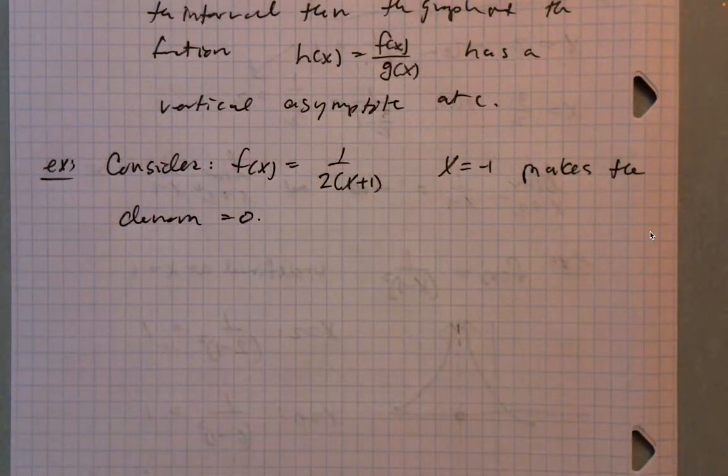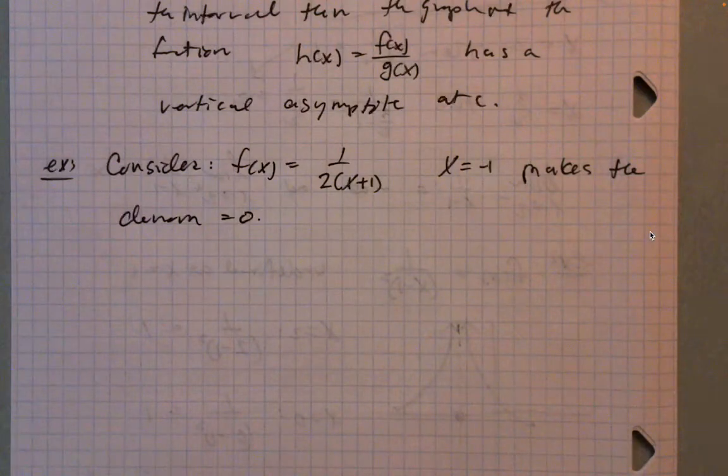Otherwise this function is defined everywhere around c. We can put any value we want into this function for x. We just can't plug in -1. Everything else is fair game. Obviously the numerator is non-zero. It's always equal to 1. It's just that denominator that becomes 0.